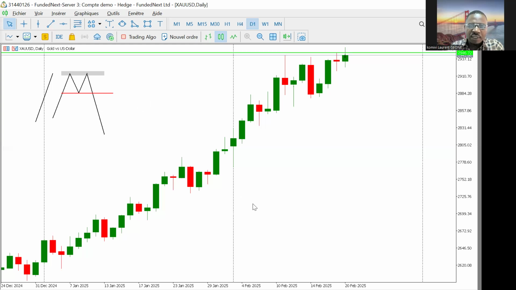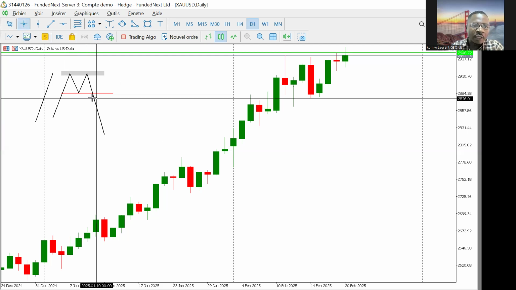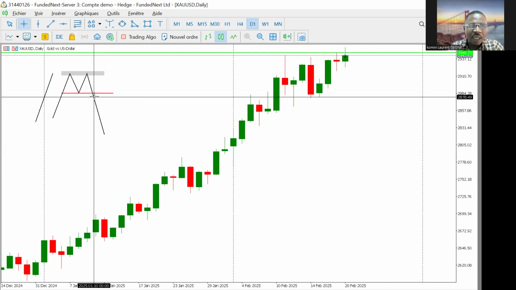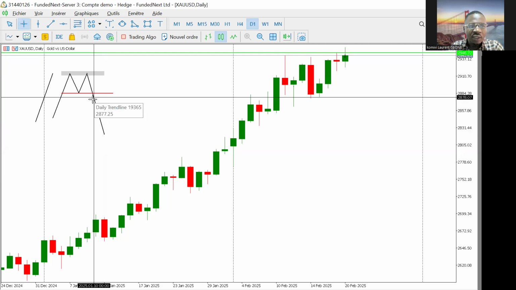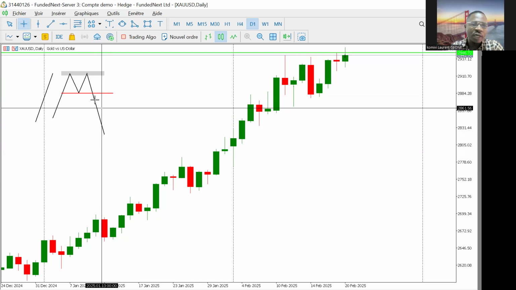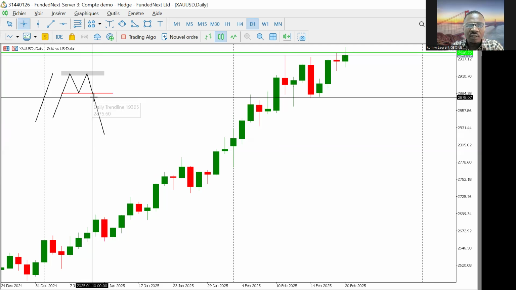The neckline is a support level that when broken confirms the pattern. Volume increases on the breakdown, so you can see some kind of distribution. You'll see how volatile the market price will be when this neckline is broken.